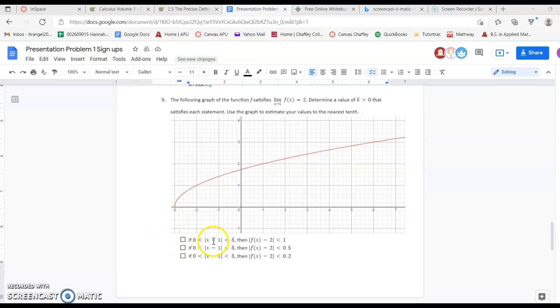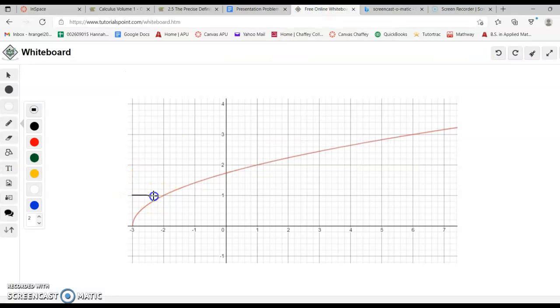So let's start with, we know the distance between x and a is 1. So that's going to be on the y-intercept, and that is the epsilon distance. So we could go ahead and mark it right here.